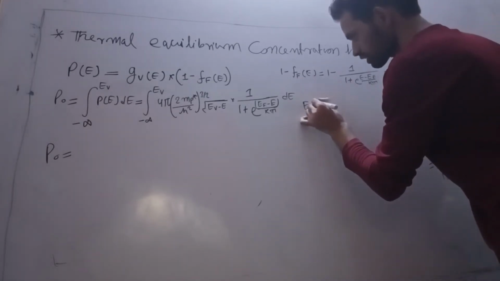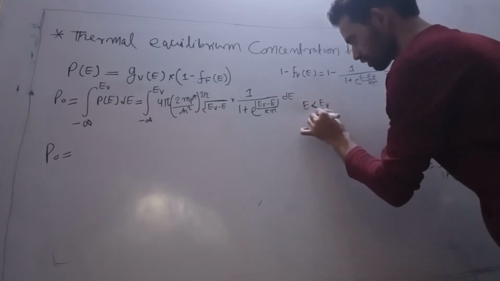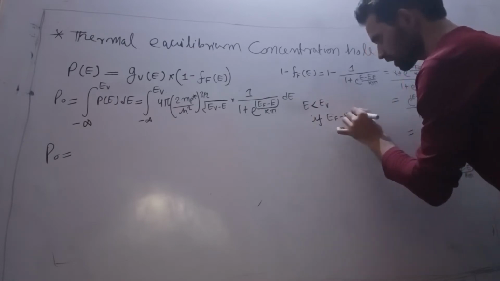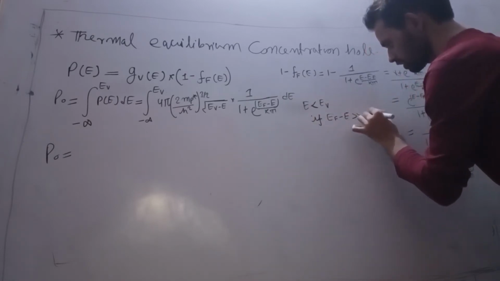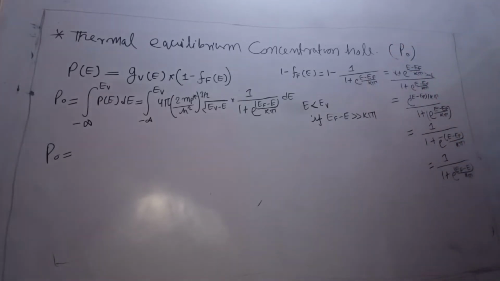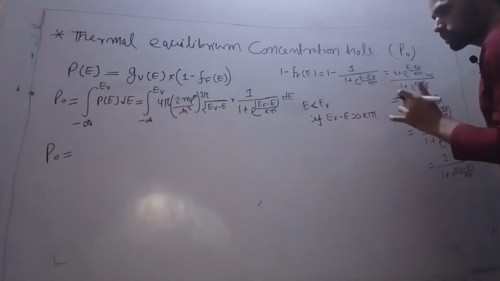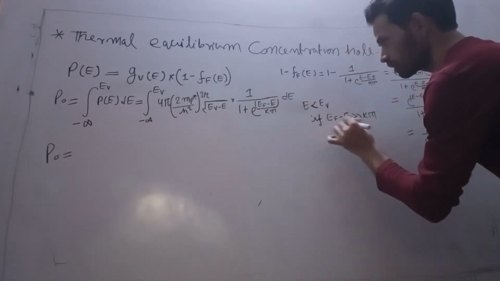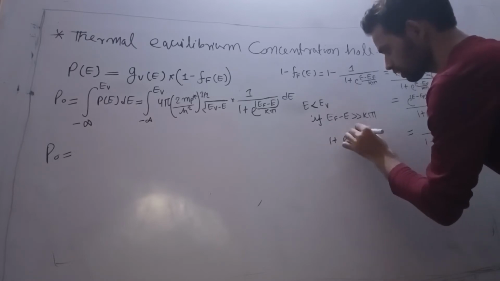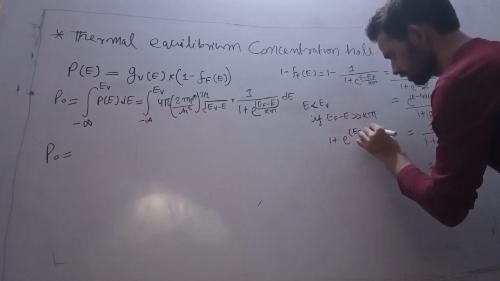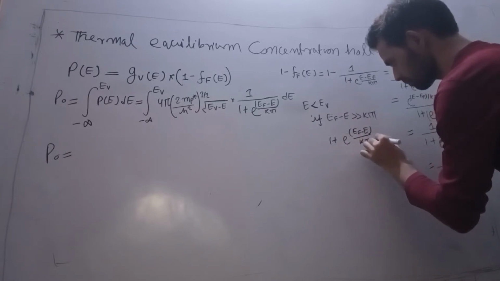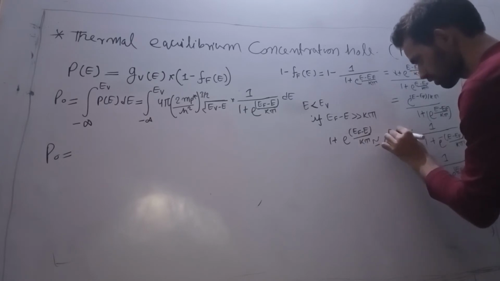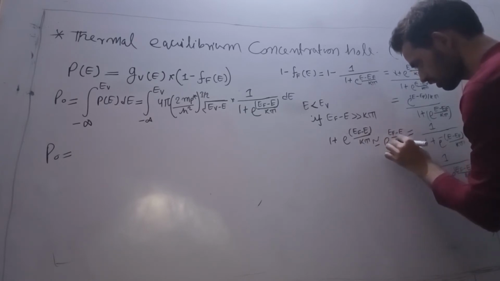Okay, so E is less than Ev, and here if we assume that Ef minus E is much greater than kT, then we can say that 1 plus e to the power (Ef minus E) by kT is approximately equal to the Boltzmann approximation, that is e to the power (Ef minus E) by kT.